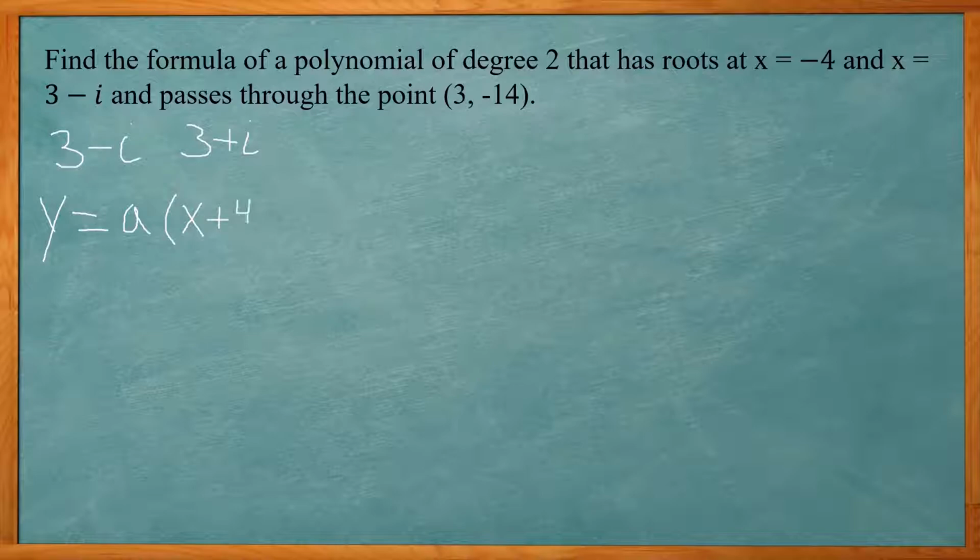Remember, you change the sign when you put it into the parentheses. And then we're going to have x minus (3 minus i) and x minus (3 plus i).